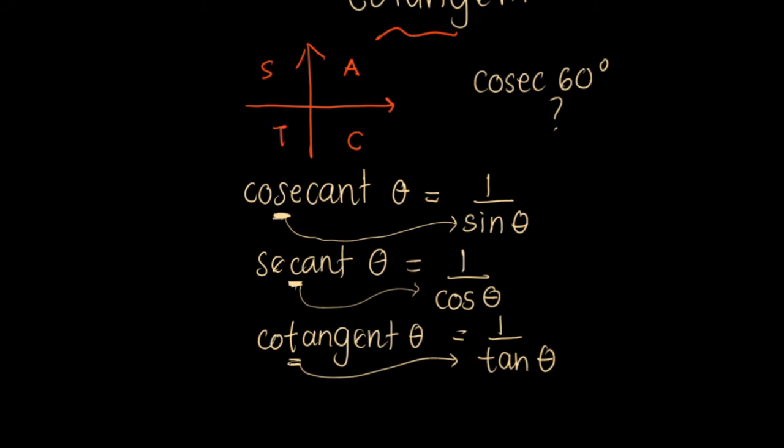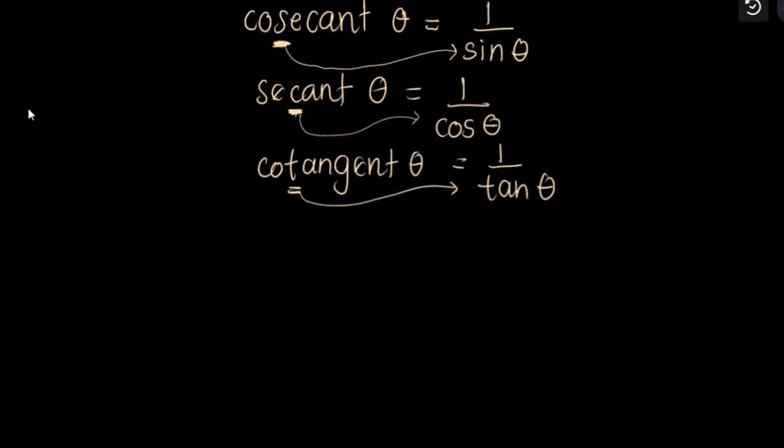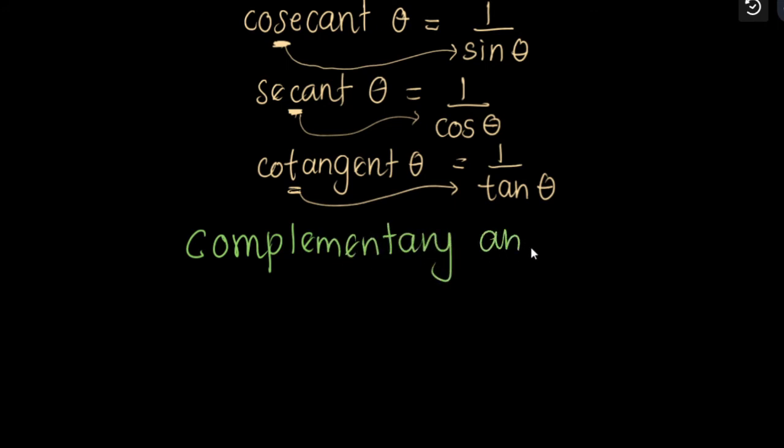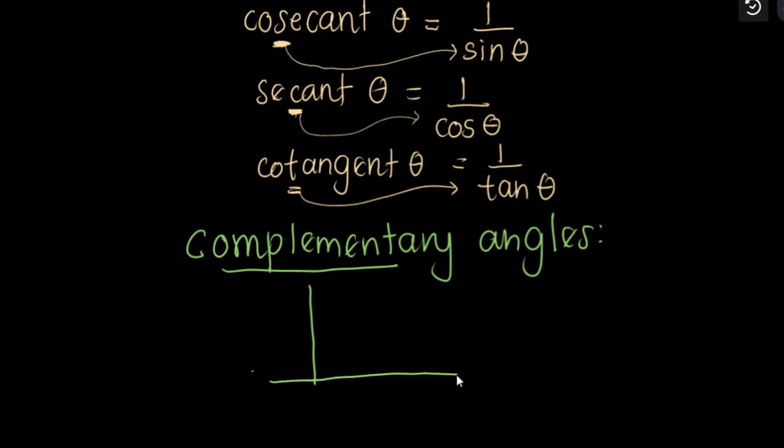Another thing you need to know is your complementary angles. I think you all know the meaning of complementary. You all learned in form 3. I'll give an example. Let's say this is a 90 degree angle. I only have 30 degrees here.